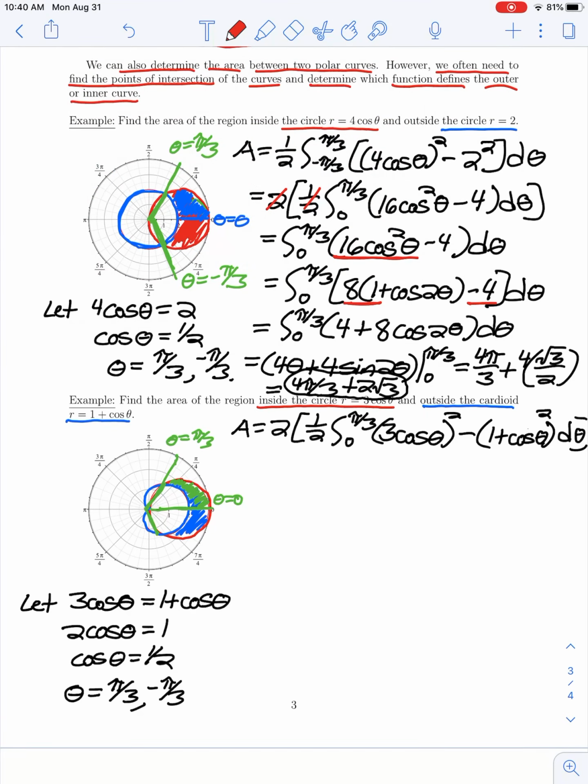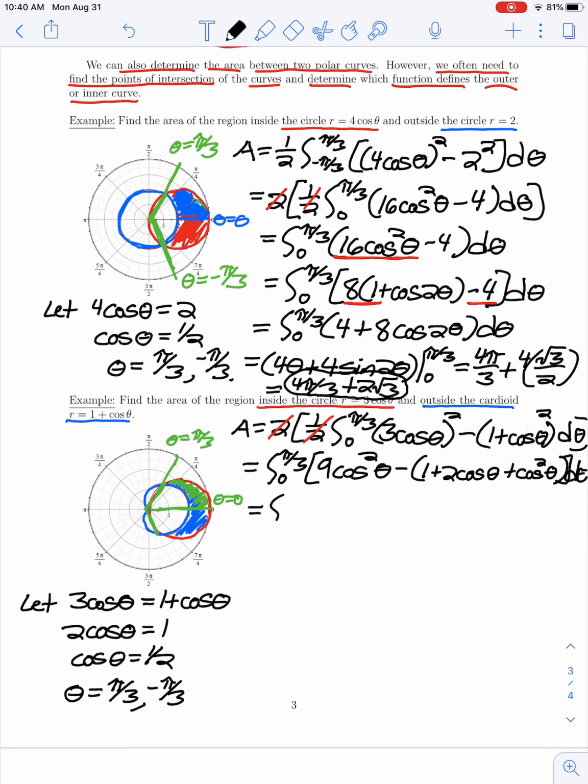So as with that previous example, we can see that our factor of 2 and 1/2 cancel one another. And so we have the integral from 0 to pi over 3 of, well, expanding, we have 3 cosine theta squared gives us 9 cosine squared theta, minus the quantity, expanding 1 plus cosine of theta squared, we have 1 plus 2 cosine of theta plus cosine squared of theta, which we're then integrating with respect to theta.